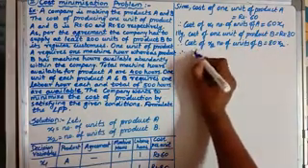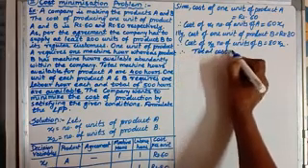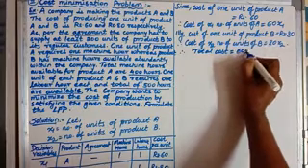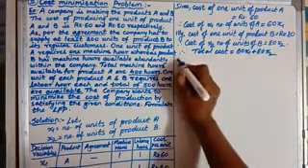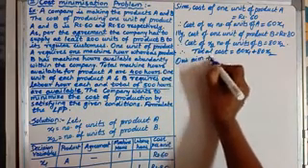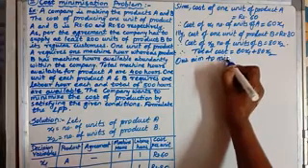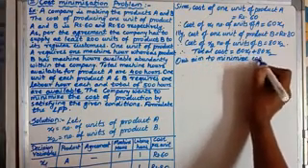Therefore, total cost equal to 60x1 plus 80x2. Our aim is to minimize cost.